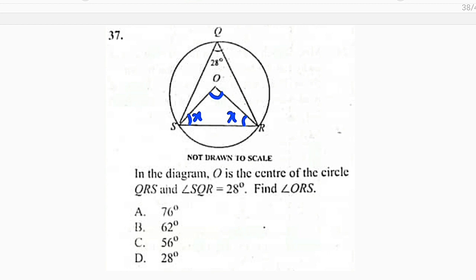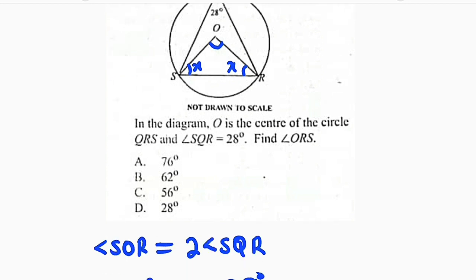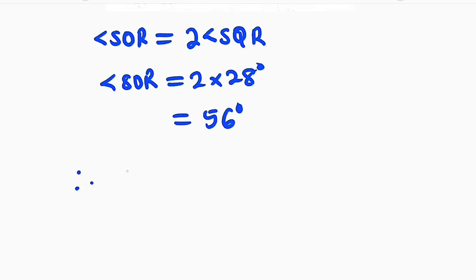And the sum of all the angles in a triangle is equal to what? 180. Therefore, X plus 56 will give us 180. And remember, we are looking for X. Therefore, X plus 56 is equal to 180.